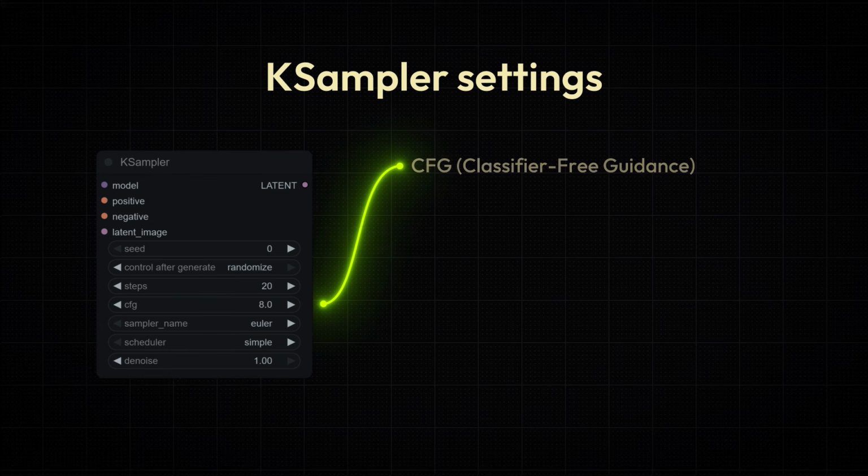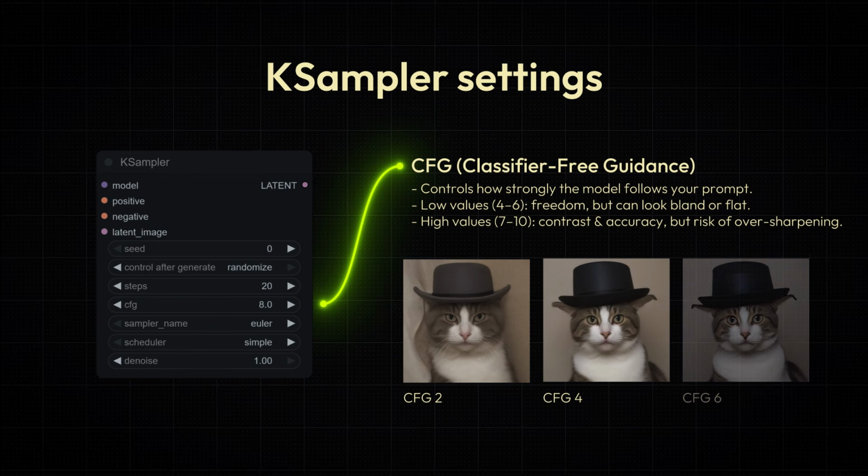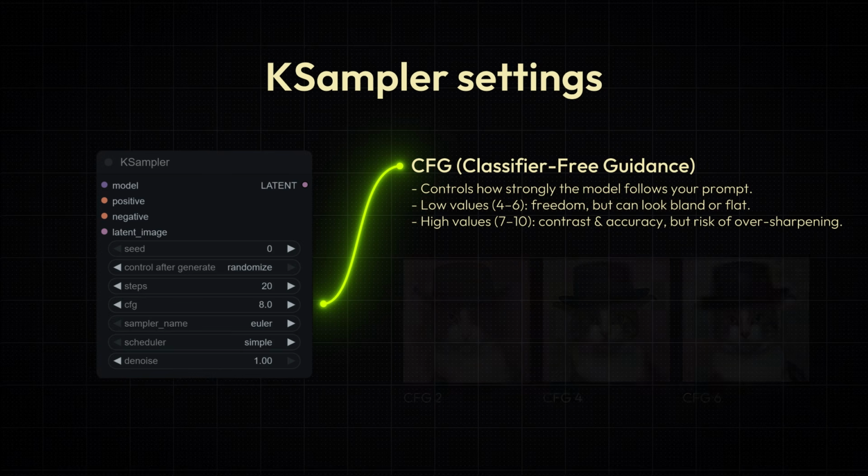Then there's CFG, which stands for Classifier-Free Guidance. This setting controls how strongly the model listens to your prompt versus how much freedom it has to improvise. A lower CFG value, like 4 to 6, gives the AI more creative freedom, sometimes resulting in softer or more abstract images. But if you go too low, the image can start to look a bit flat or bland, since the model isn't being pushed hard enough to emphasize contrast and detail.